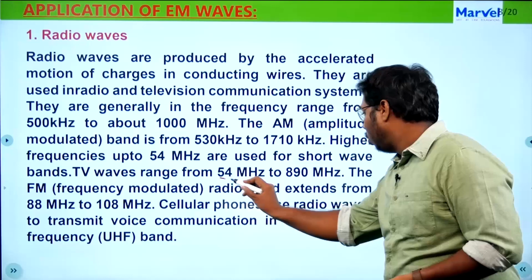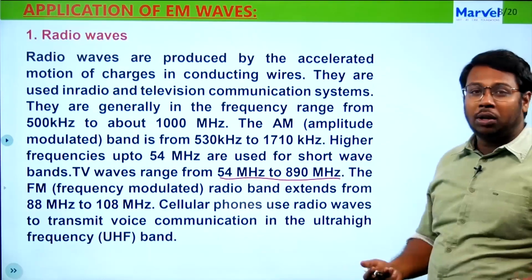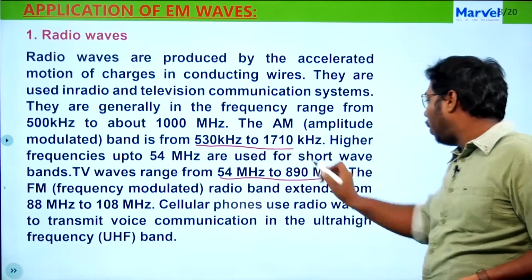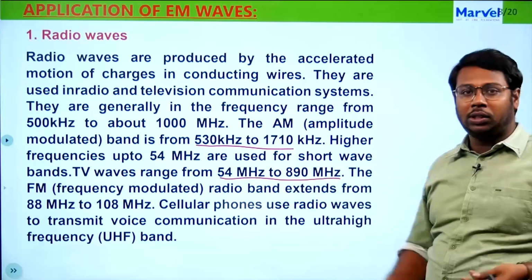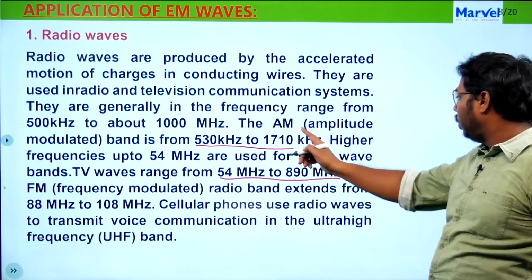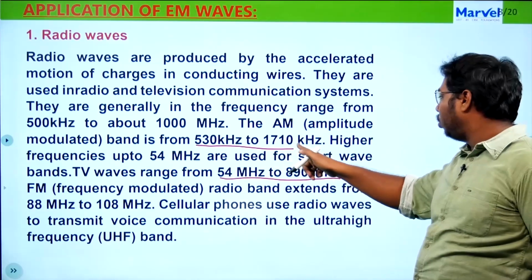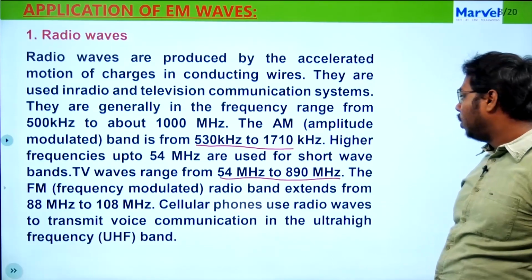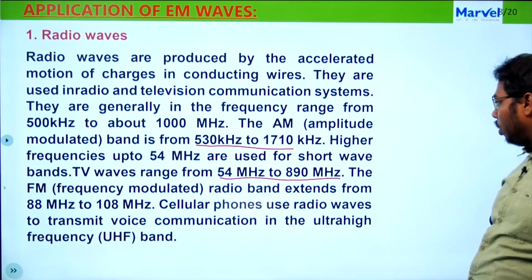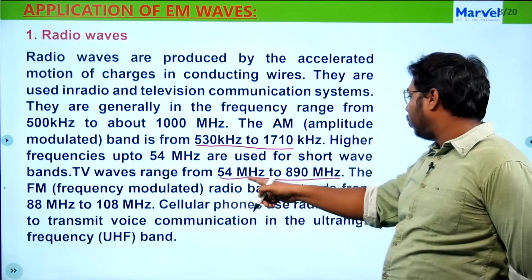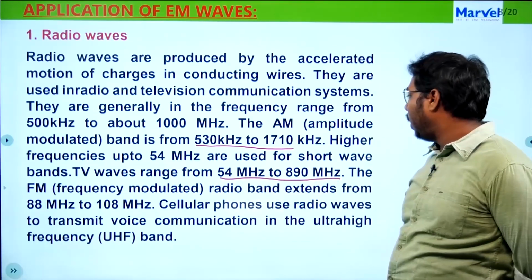See, you don't have to remember these numbers, but at least you should know approximately under which range each falls. AM falls between 530 kilohertz and 1710 kilohertz, but the TV waves range from 54 megahertz to 890 megahertz.